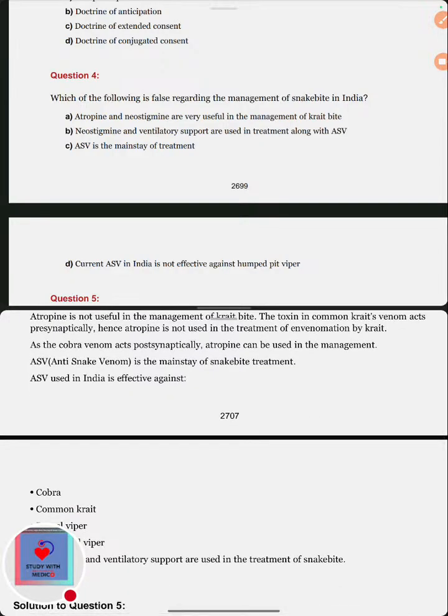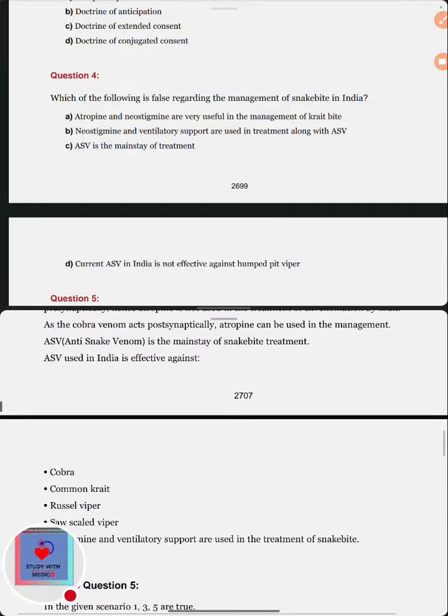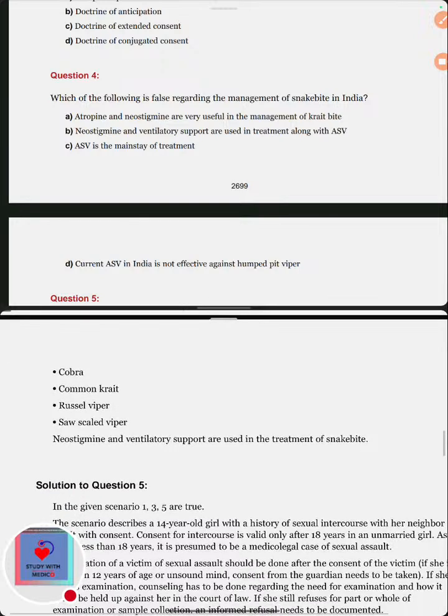For cobra you can use it, but not for krait bite. Neostigmine and ventilatory support are used in treatment, along with ASV as the mainstay of treatment. ASV used in India is effective against cobra, krait, viper, saw-scaled viper, etc. Ventilatory support is used in the treatment of bite.